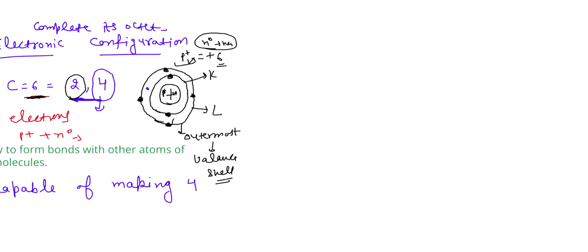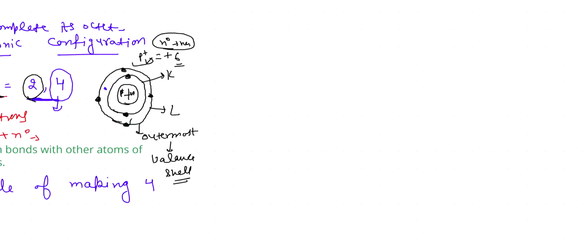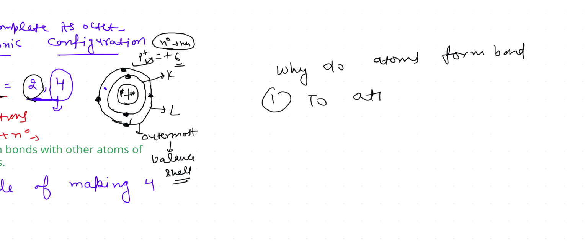But how many bonds can it form? It depends upon the valence electrons. So why do atoms form bonds? To attain inert gas configuration, atoms form bonds.